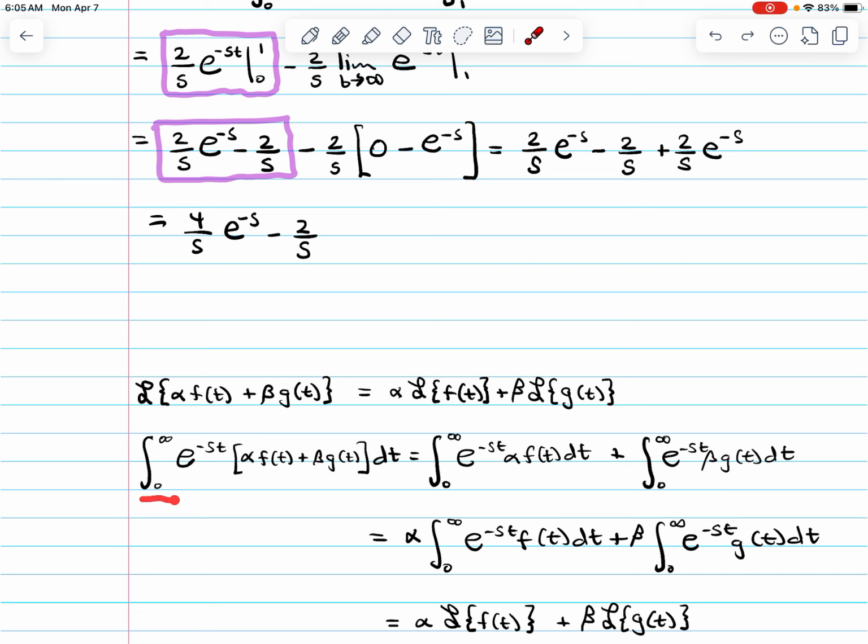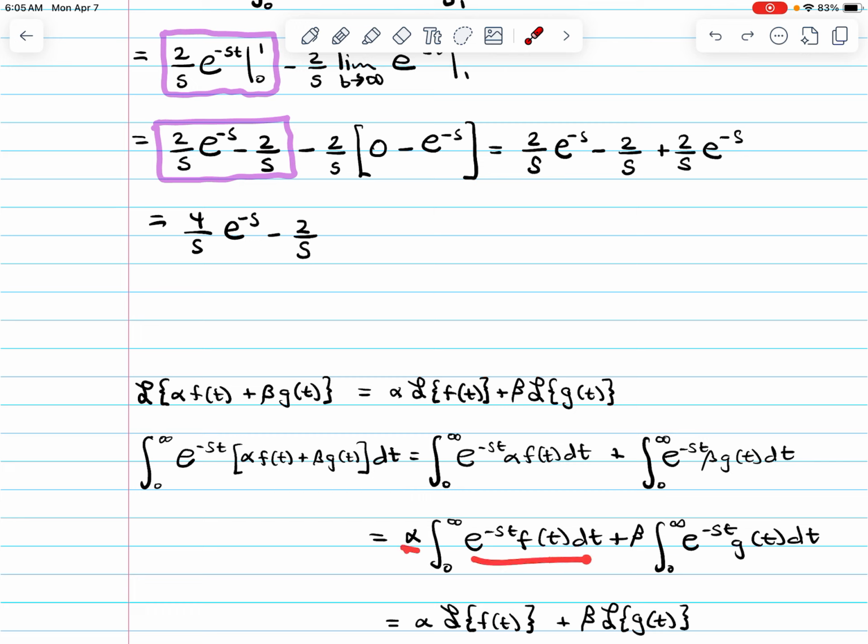So dig this. Here is the Laplace transform. I just put in place of the function alpha f of t plus beta g of t. And then I split up the integral as I'm allowed to do with integration. And then I factored out the constant.